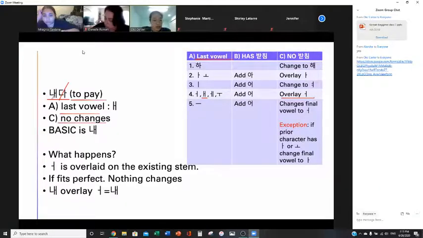So it overlays a, but since this one already had the a in it, it won't change. So it will stay as ne. This is repeating the steps that I just explained. A is overlaid on the existing stem right here. This is the existing stem. So a is overlaid, nothing changes, and ne stays.